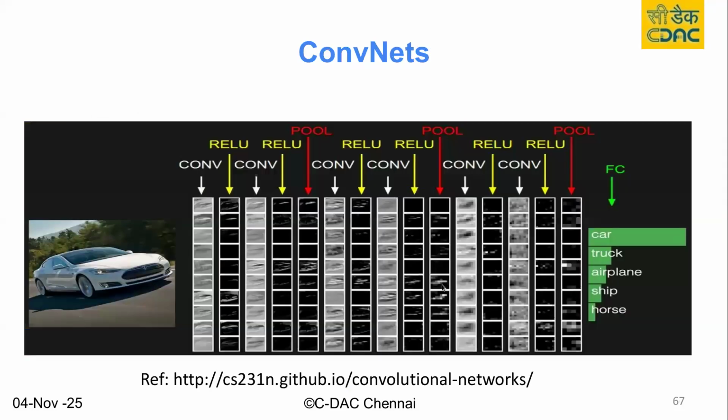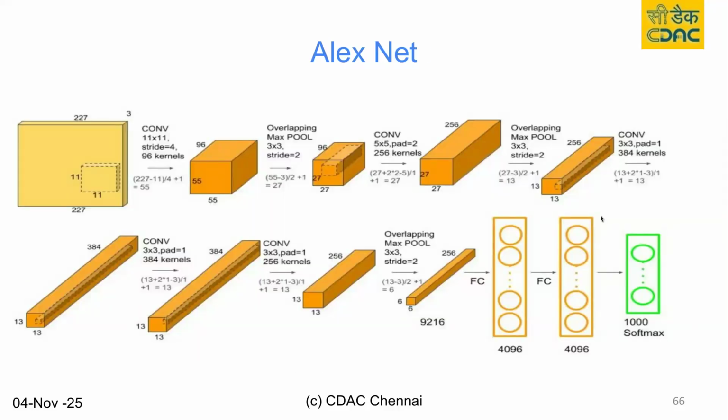After that, we have a fully connected network, which is the artificial neural network we discussed in earlier slides, the three-layer neural network, with an output layer of 1,000 neurons.